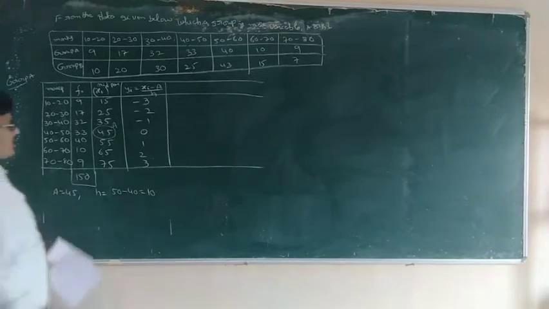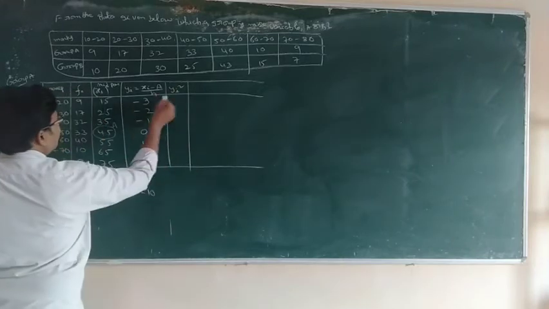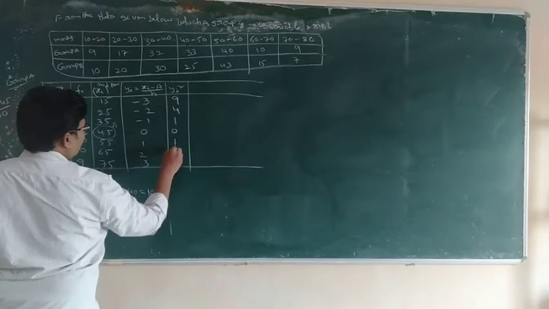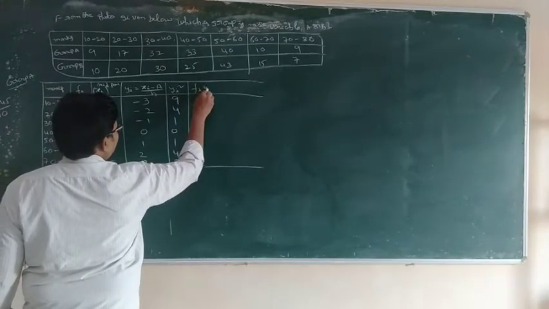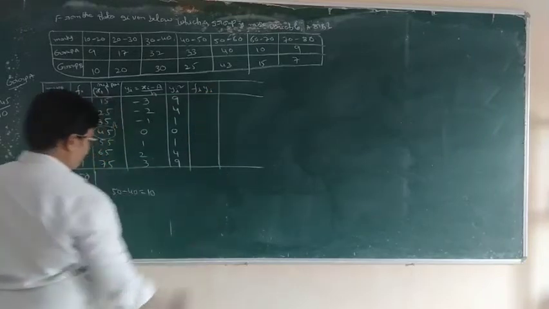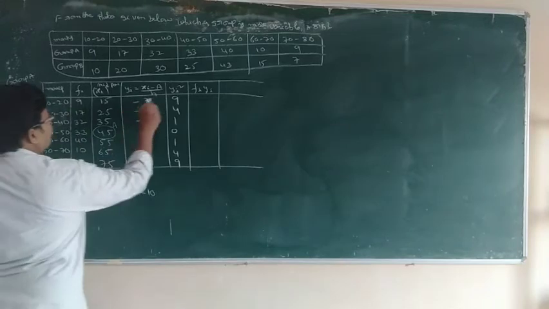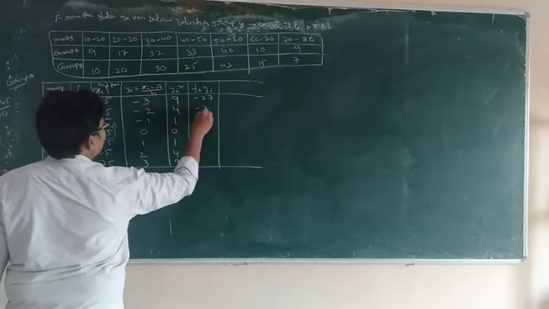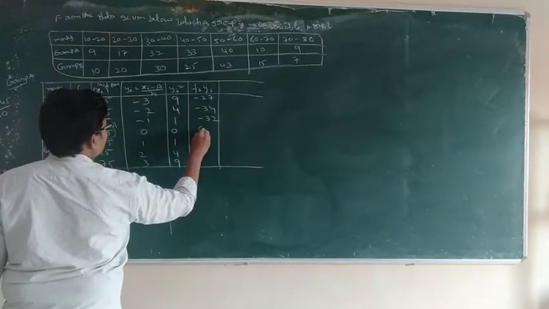Next, yi square. Minus 3 whole square is 9, 4, 1, 0, 1, 4, 9. Next, fi into yi. Minus 27, 17 into minus 2 is minus 34, minus 32, 0.